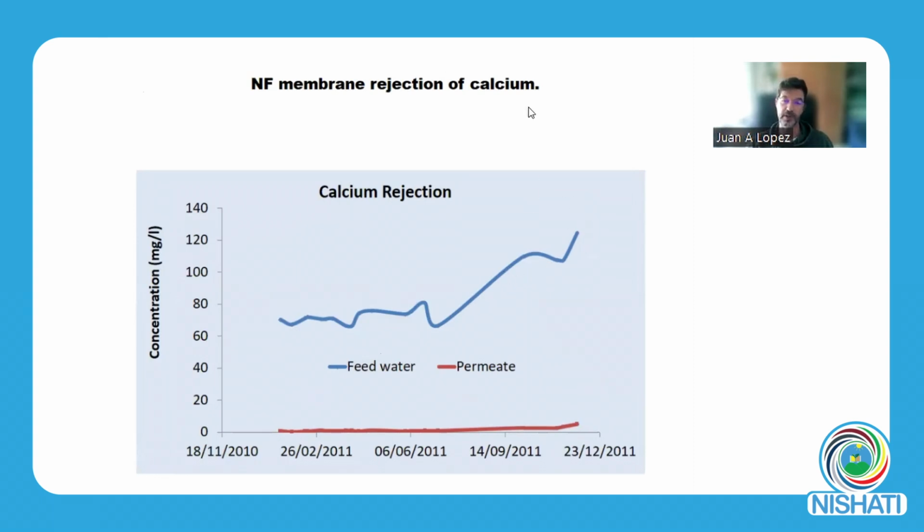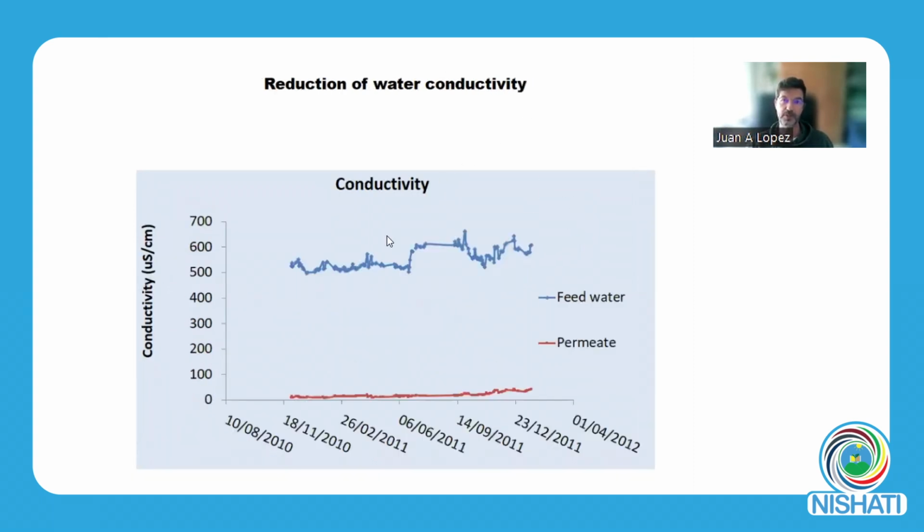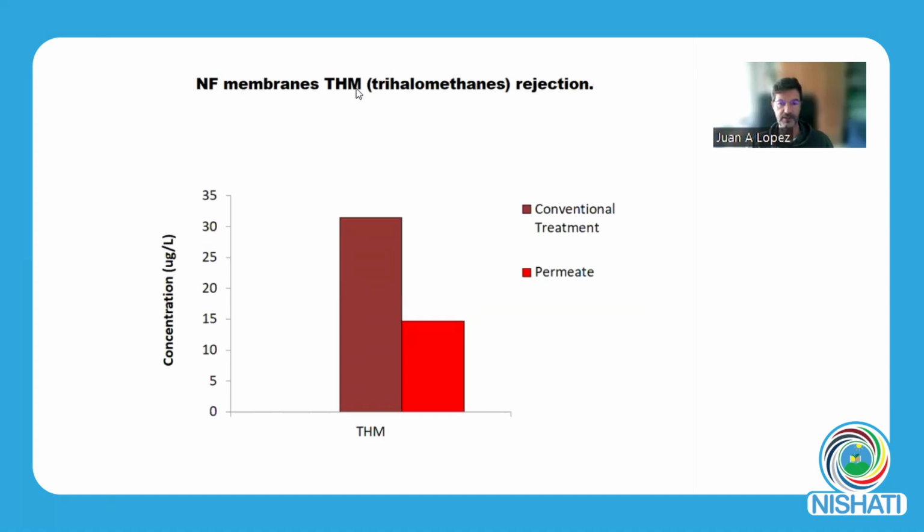With the drought period, the dam's water was worse, so you can see an increase in salts in our dams. And the conductivity increased with the drought period, while the conductivity in the permeate was really, really low.